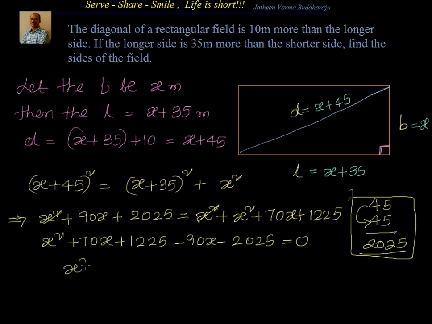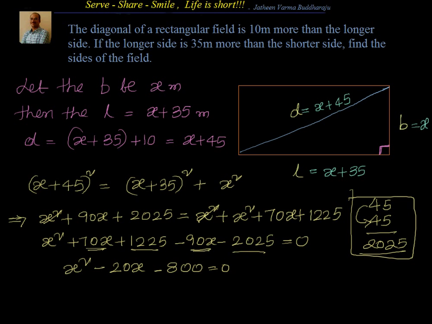Or can I say x squared plus 70x minus 90x, that's nothing but equal to minus 20x. So I can write it as x squared minus 20x because these are like terms. Similarly, I have numbers to be simplified, that is minus 800.